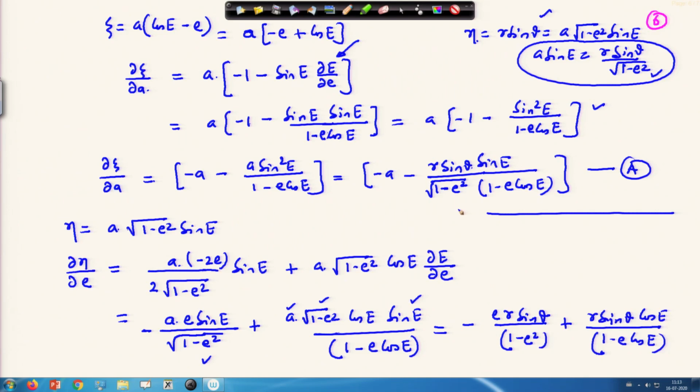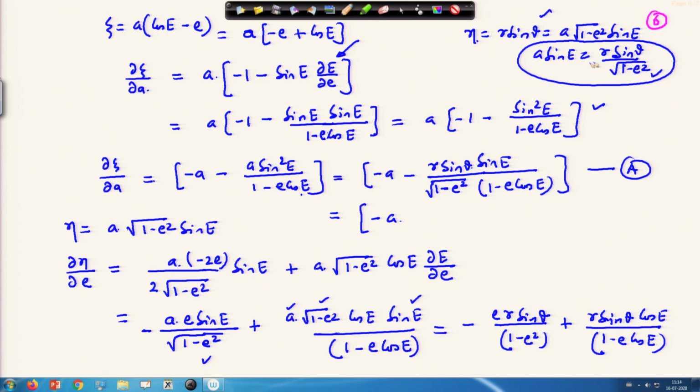This term we are picking up, dou xi by dou E, with sin E times 1 minus E cos E, and we have replaced A sin E. Okay, one more replacement is possible here, because later on again we will have to replace that term, so better we do it here itself.